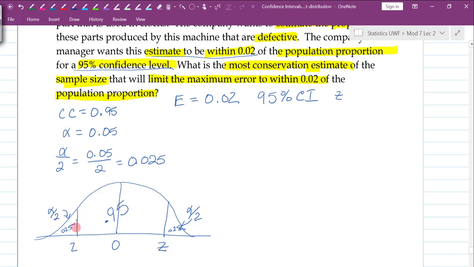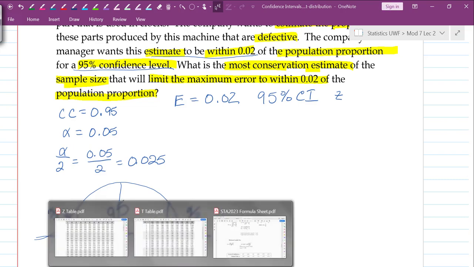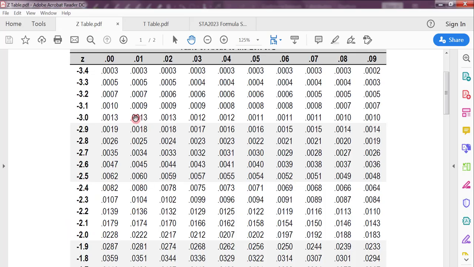Well, the easiest way using our current UWF tables is just to look up this right here, which is 0.025. Yes, it'll give us our negative z, but that's okay. I know how to deal with that. So we're just going to look up our z right here and come in here, and we're going to look up 0.025. 0.025 is right here, the area under the curve.